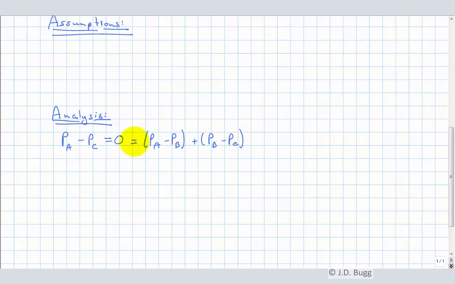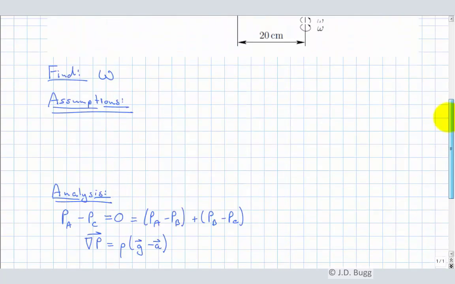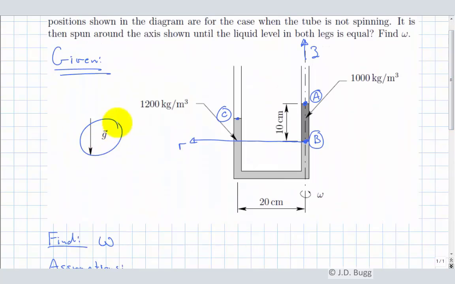That's equal to 0. Well, where do I get these pressure differences from? From the basic hydrostatic equation. It's always our starting point. The pressure gradient is rho times g minus a. In this particular coordinate system, our g is equal to minus g k.